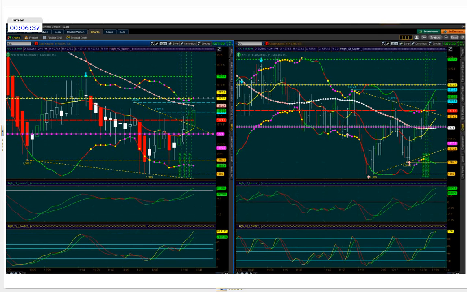Okay, I'm going long gold. I'm long gold. I'm going to pull my stop up to about a 4 tick stop loss because things are slow.